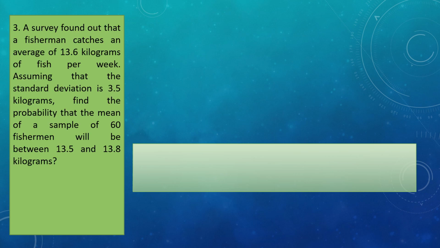Let's try the last example. A survey found out that a fisherman catches an average of 13.6 kilograms of fish per week. Assuming that the standard deviation is 3.5 kilograms, find the probability that the mean of a sample of 60 fishermen will be between 13.5 and 13.8 kilograms.